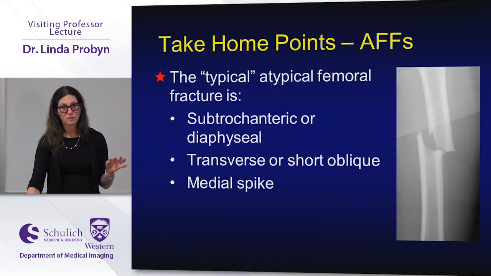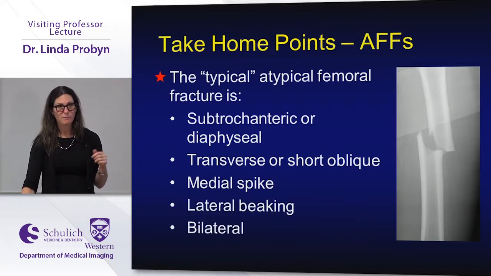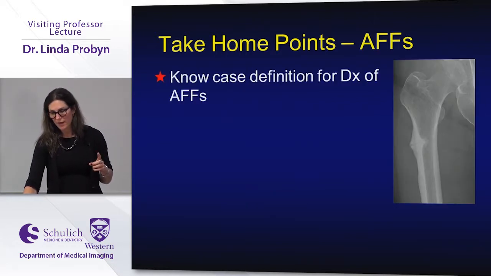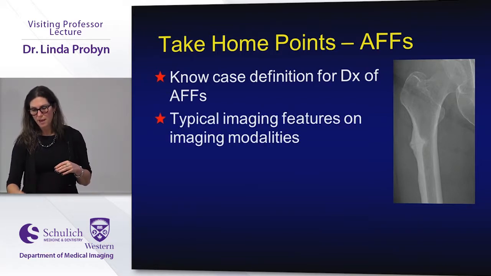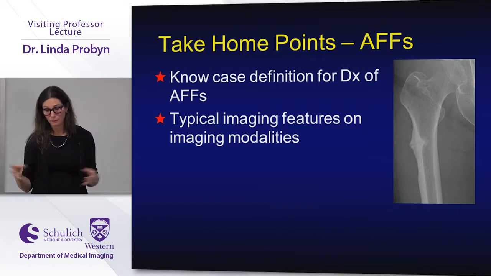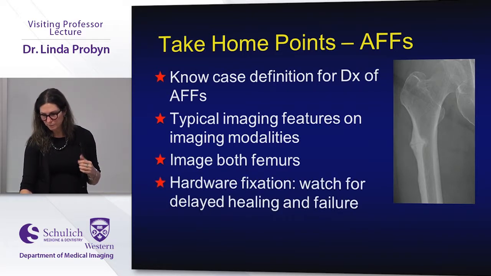It has that medial spike, a lateral beak, and it's often bilateral. So it's important to know that case definition for the diagnosis and the typical imaging features. I showed you the spectrum of imaging modalities, so you can see this on pretty much everything. And again, image both femurs.